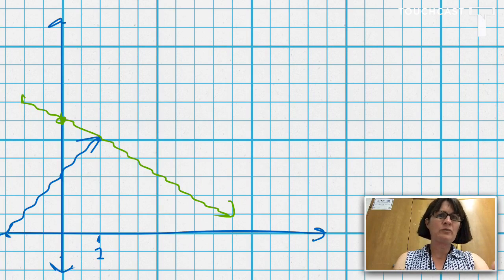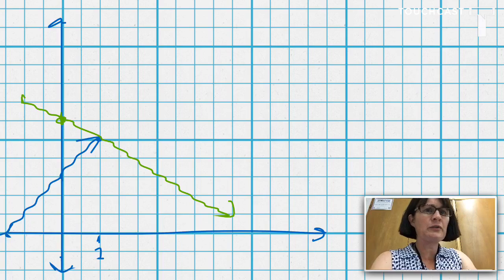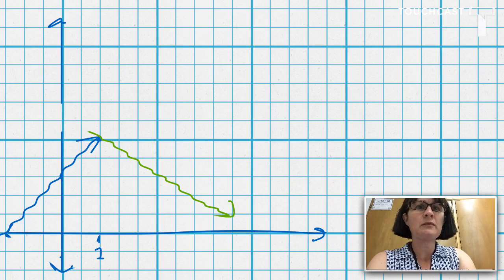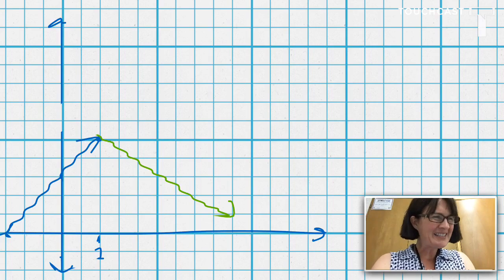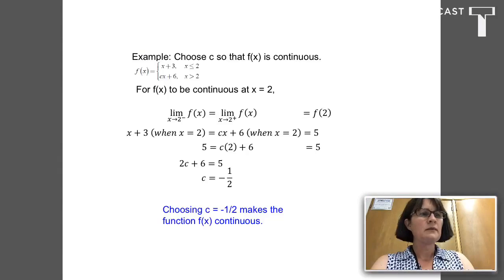So I've graphed 6 up there. And I try to draw it in with the right slope so that these two pieces of the piecewise function would actually touch at x equals 2. So I have to pick c right, so I have to pick the slope of this green line so that the two pieces of the function touch. So how do I do that?